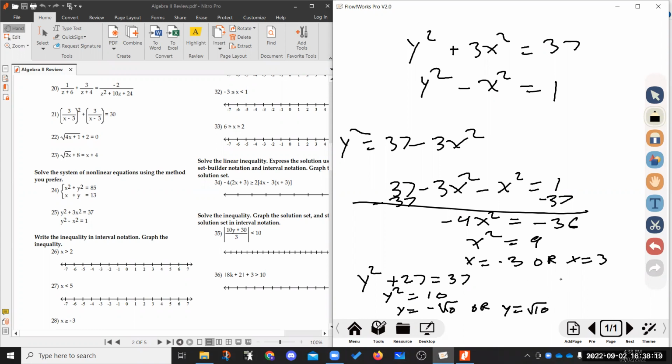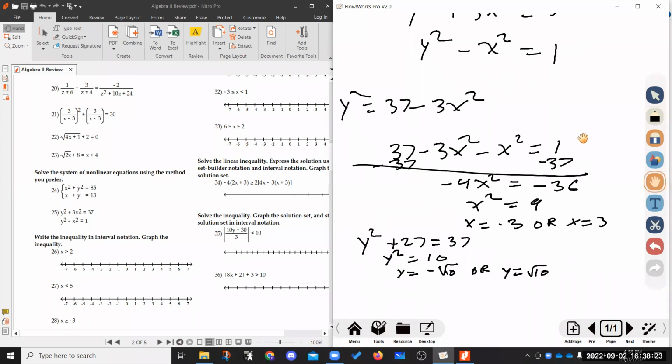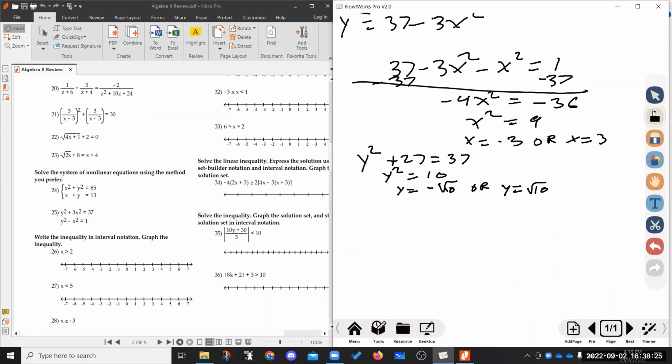So I'm going to have 4 points of intersection that are all the combinations of this: -3 with a -√10, -3 with a +√10, +3 with a -√10, and +3 with a +√10. Those are my 4 solutions to that system of equations.